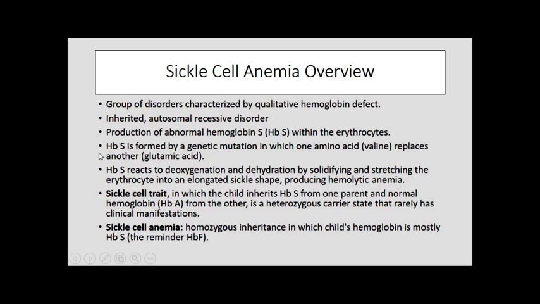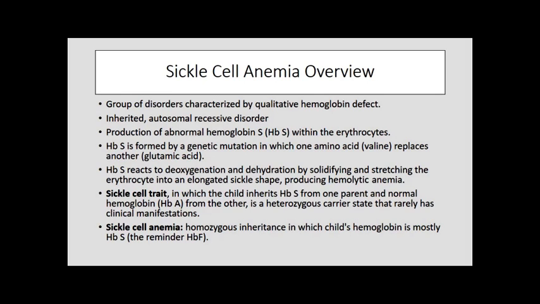Valine replaces glutamic acid, and the shape of the hemoglobin changes under certain conditions. Okay, when the hemoglobin is well oxygenated, it is okay, like a healthy hemoglobin, but when it goes to the deoxygenated form, deoxyhemoglobin, it stretches, elongates, instead of being globular, becomes like a stick and changes the shape of the erythrocyte.